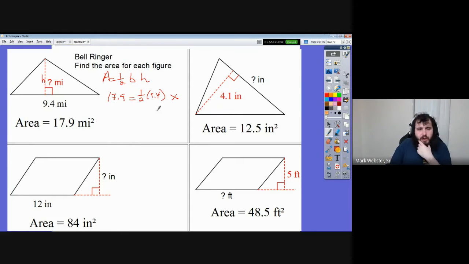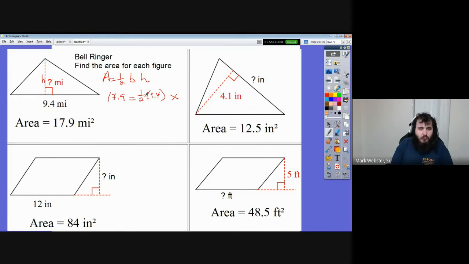So, however you want to combine these, you could say, all right, well, let's multiply the 2 over to the other side and then divide by the 9.4. You could totally do that. Or you could say, well, what's half of 9.4? And divide that into 17.9. Both of them are going to give you the same answer.